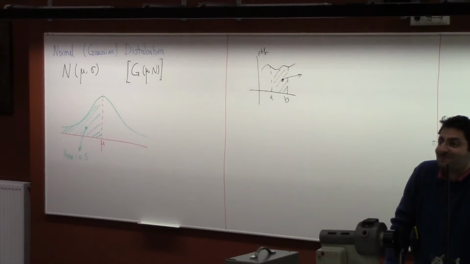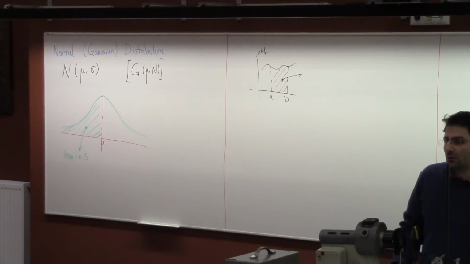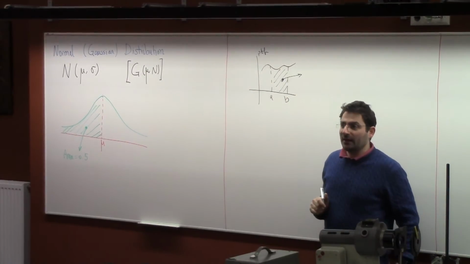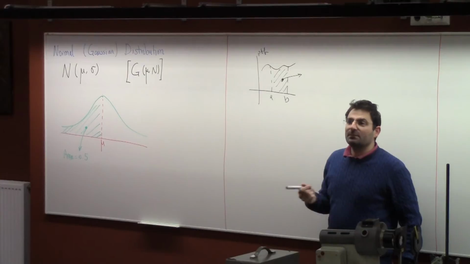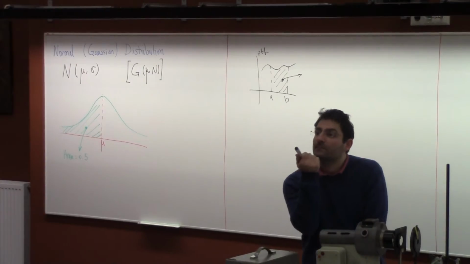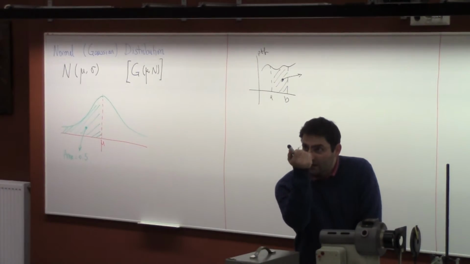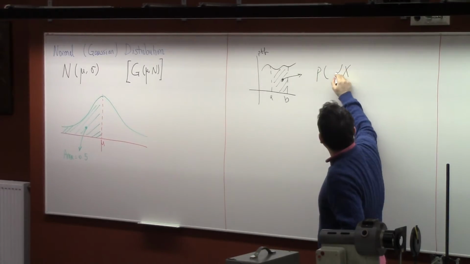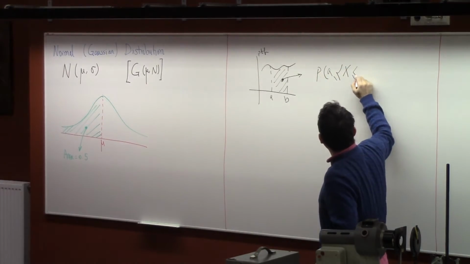We know that this area shows a probability, right? What probability? The probability of values between A and B. Yes, this is the probability that a random variable is between A and B.